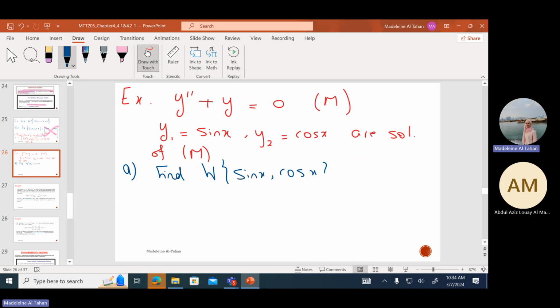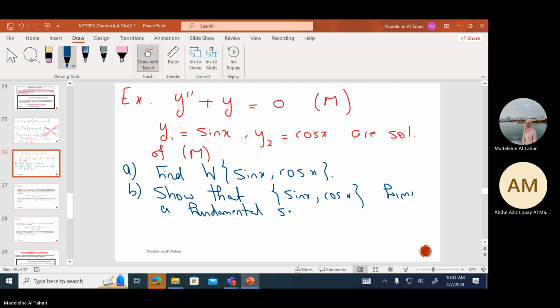We found it, right? Okay. Part B, show that sin x and cos x form a fundamental set of solutions for the equation.